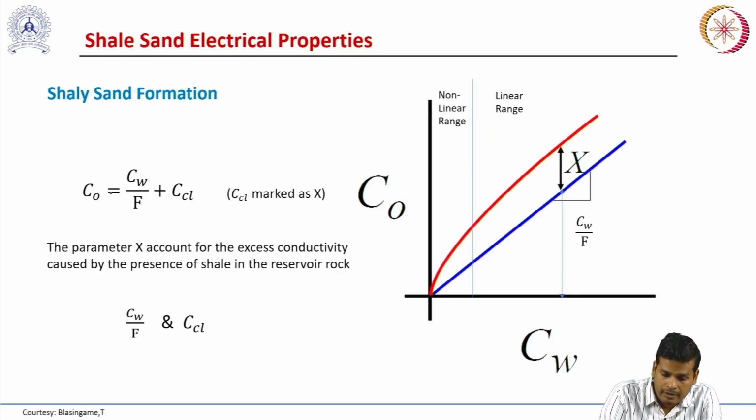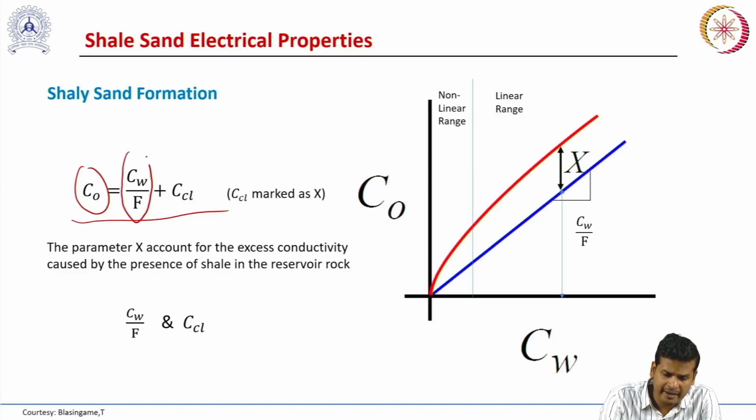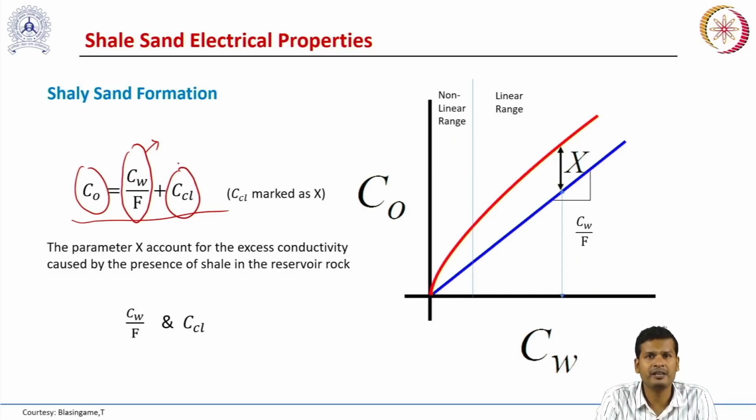So the conductivity of the formation is going to increase. So what is my conductivity of the formation? That is Co, and this is the conductivity in our clean formation due to the flow of current through the formation fluid inside the pore spaces when shale is present. So the clay layers or the clay inside our shale can provide excess conductivity.